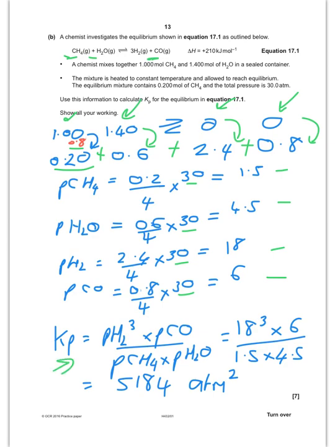Pop that in your Kp expression, which I've done here, and you should get 5184. Your units will be atmospheres squared, because you've got atmospheres to the power of 4 on the top and atmospheres squared below, so that cancels to give you atmospheres squared.